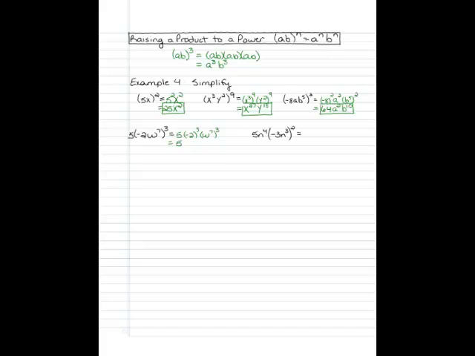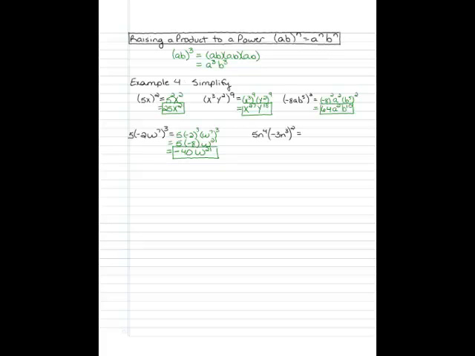Again, not working with that 5 yet, just copying it down. -2 cubed is -8. W to the 7 times 3 is 21. Now multiply. 5 times -8 is -40 times w to the 21st power.